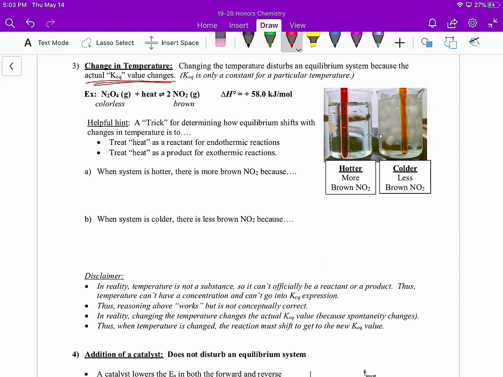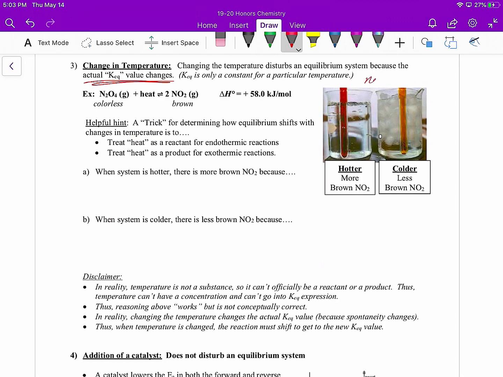Any K that I give you is only valid for a specific temperature. If you raise the temperature or lower the temperature, you're going to have a different value for K. So we're not actually establishing Q, right? There's no Q value involved when you're changing the temperature, but you're actually shifting the true value of the equilibrium constant.